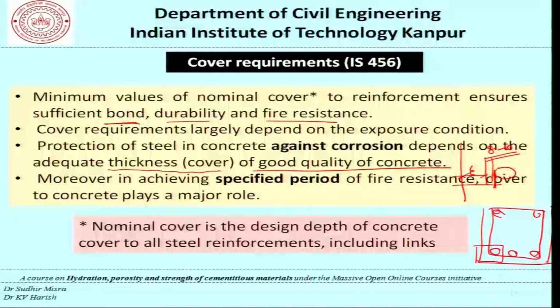Moreover, in achieving the specified period of fire resistance, cover of concrete plays a major role. So, if indeed there is a fire in the room, or there is a design requirement that the steel should be protected against any unacceptable temperature rise, then we need to provide a certain amount of cover from that point of view.